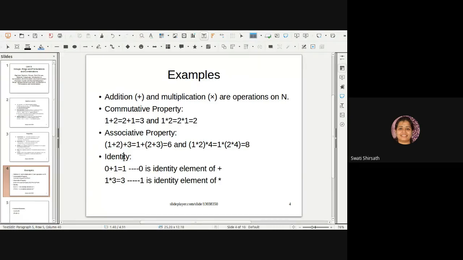Now identity. When you operate 0 with any number in the case of addition, we always get that number as the result. So 0 is the identity element of addition. Am I right?